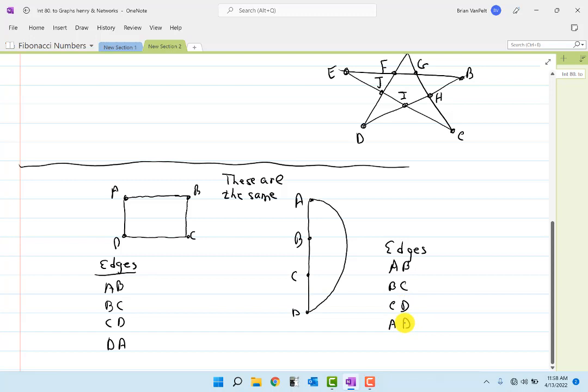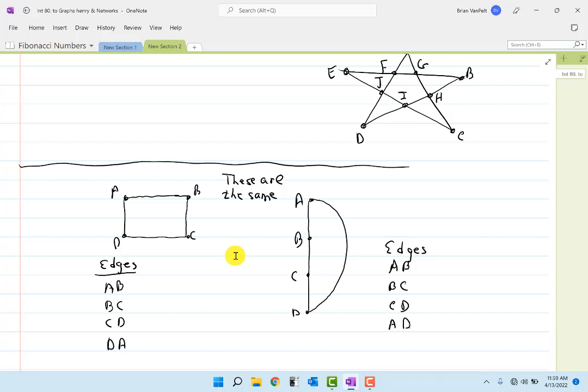So I have exactly the same edges as I had before. And not only that, if you look here, A is connected to both B and D. Look at this one. A is connected to both B and D. Look at B. B is connected to A and C. Look, B is connected to A and C. You can do that for all the vertices. So not only do they have the same number of vertices and the same number of edges, the way they're put together is exactly the same.